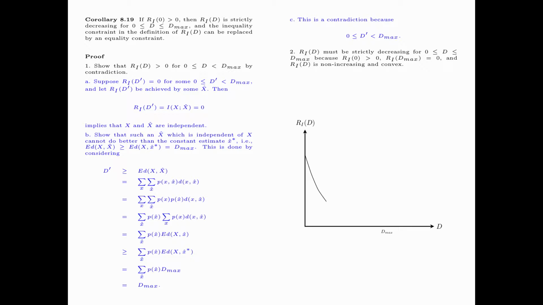Suppose R_I(d) decreases for a while, stays constant, and then decreases to 0 at d equals d_max. Then R_I(d) is not convex, which is a contradiction. In other words, R_I(d) cannot stay constant for a while, and so R_I(d) must be strictly decreasing for d between 0 and d_max.